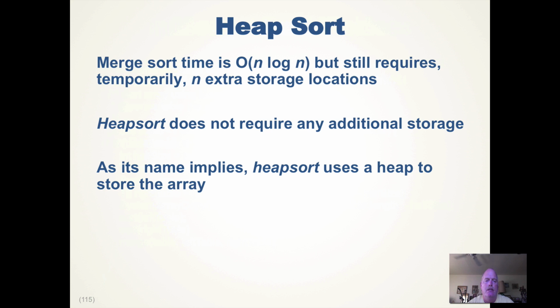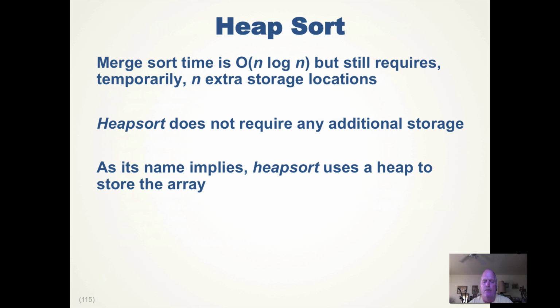So the heap sort doesn't require any additional storage, and as its name implies, we're going to create a heap in the array to help us do the sorting. As you recall, the heap sorts items in the heap, but in the array implementation of a heap, the actual heap array is not sorted, but as you pull things out of the heap, they come out in a sorted fashion.